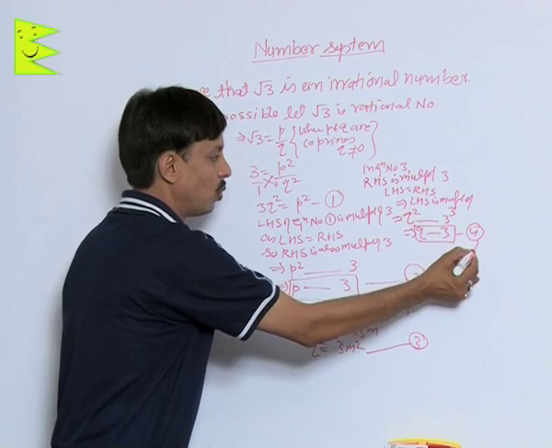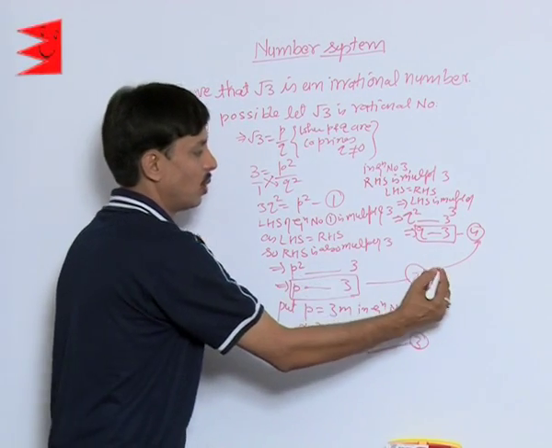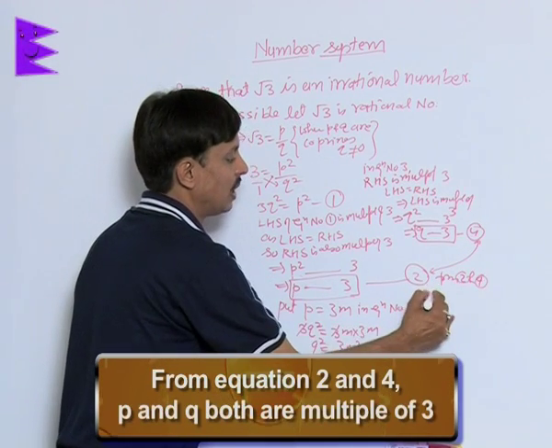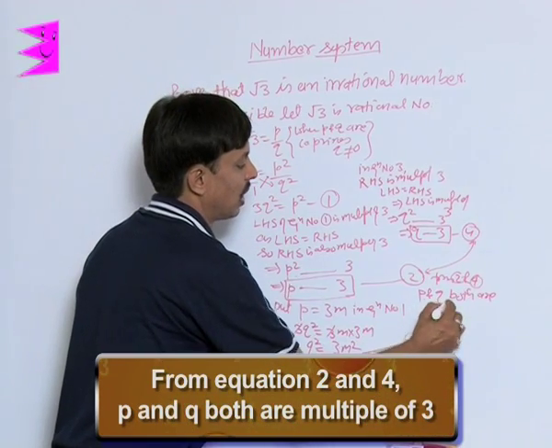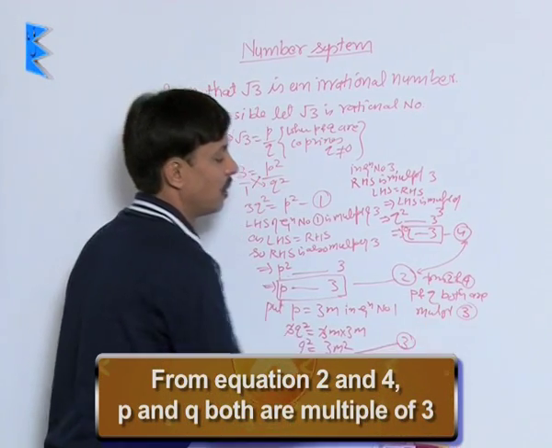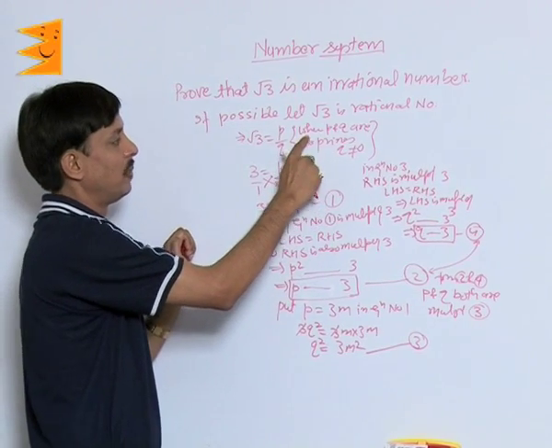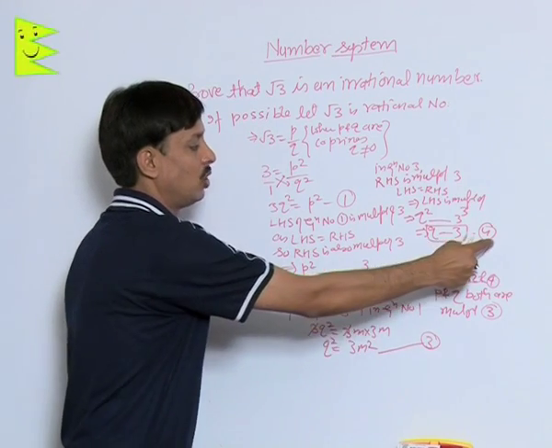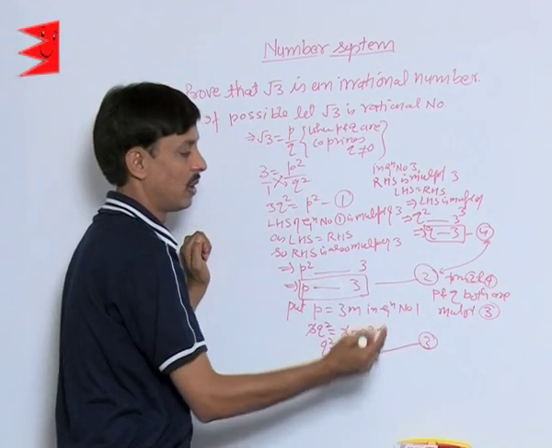From result 2 and 4, what can I conclude? P and Q both are multiples of 3. But initially what I have accepted is that P and Q are co-prime, having no common factor, and with the help of result 2 and 4 I am saying they have 3 in common.